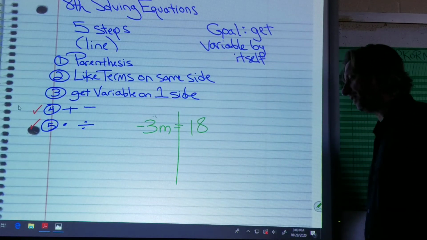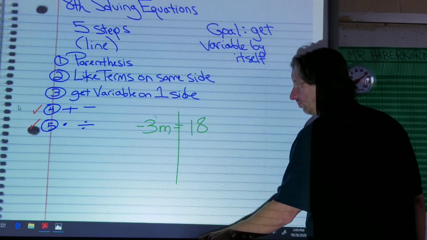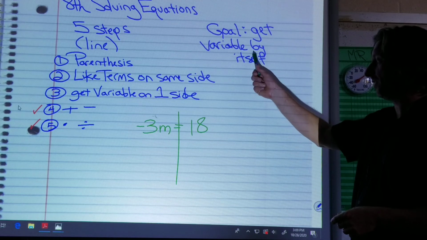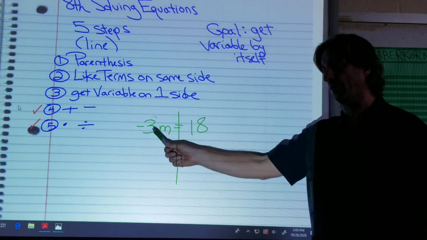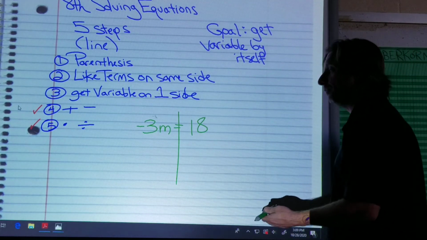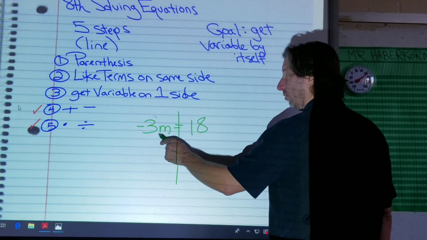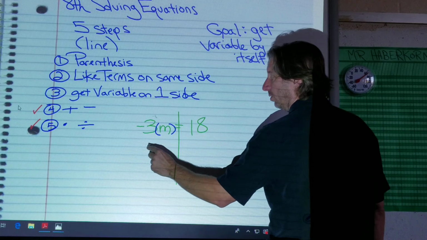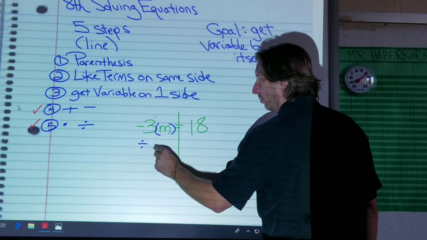Negative 3m equals 18. Same thing. We want to get the variable by itself, right? So we want to get rid of this negative 3. This is negative 3 times m, because they're touching each other. A number and variable touching means multiply. So we do the opposite, which is divide by negative 3.